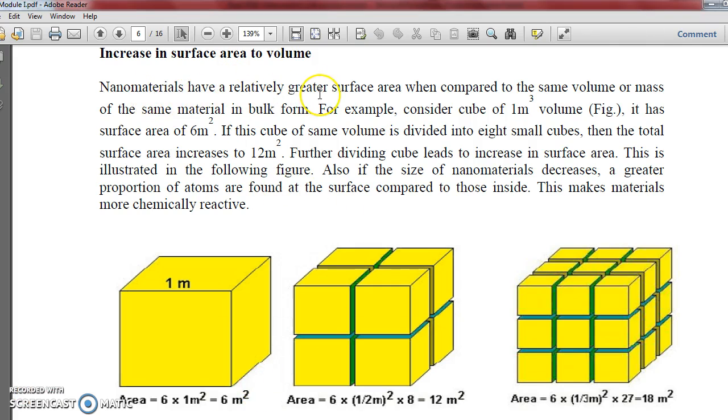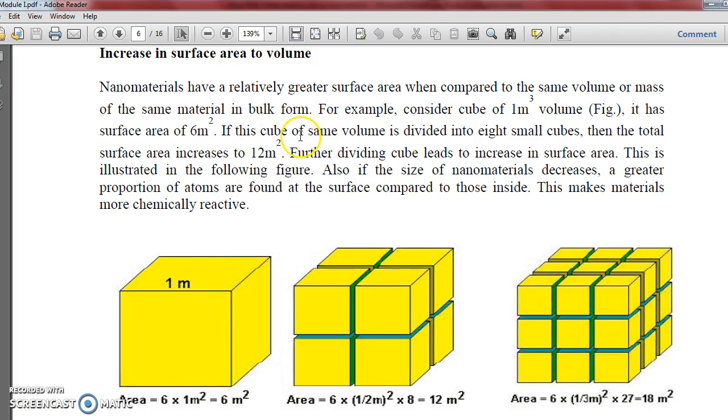See here, nanomaterials have a relatively greater surface area when compared to the same volume or mass of the same material in the bulk form. For example, consider a cube of 1 meter cube volume. It has a surface area of 6 meters square. Just carefully check this one: 1 meter cube, and the area is 6 into 1 meter square.